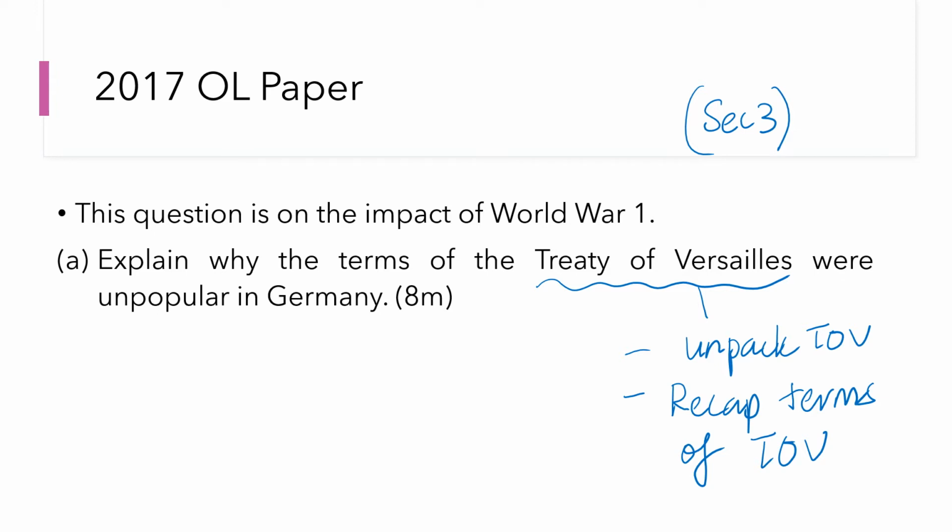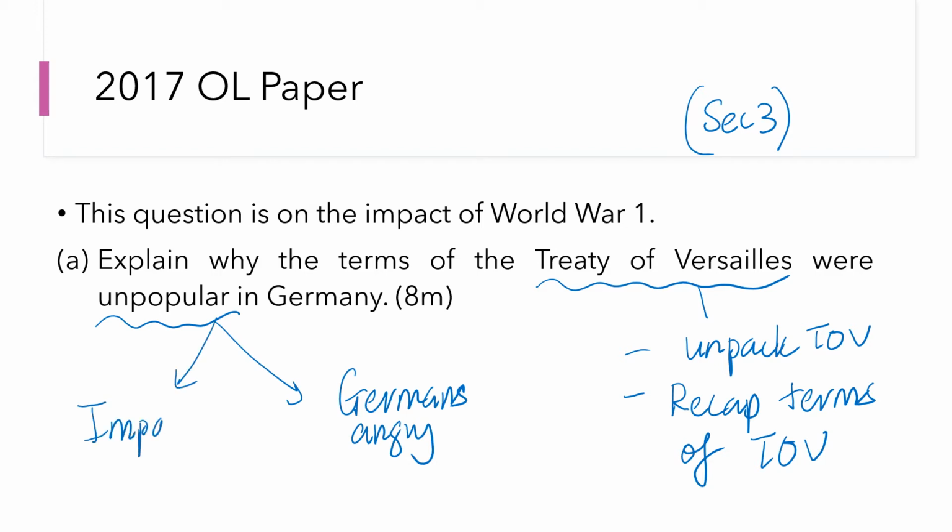Now, another key idea is why were they unpopular? So they were unpopular because it made the Germans very angry. It also was unpopular because of maybe the impact of the Treaty of Versailles.